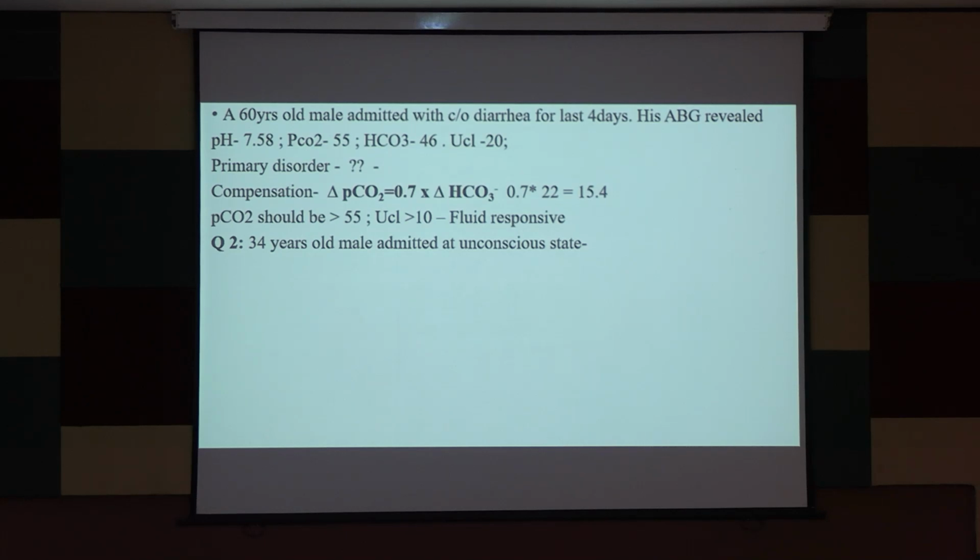34 years old male admitted in unconscious state. CBG, capillary blood glucose is 550 milligram. ABG, pH is 7.12, PO2 68, PCO2 40, bicarbonate 12, sodium is 130, chloride is 100. So what is the primary disorder? Metabolic acidosis. Compensated or not?